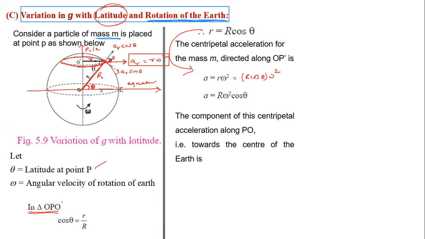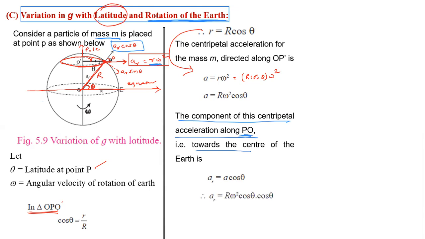Now you can see the direction of this acceleration, R omega square cos theta. Here we are considering the radial component of this acceleration, the component along this PO, which is AR cos theta. So I write AR is equal to A cos theta.